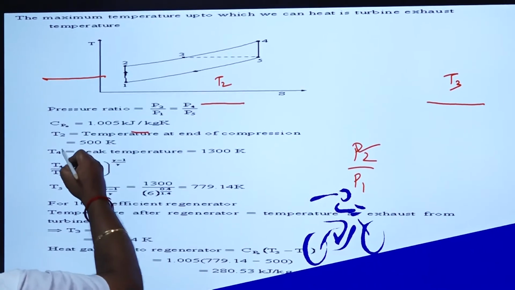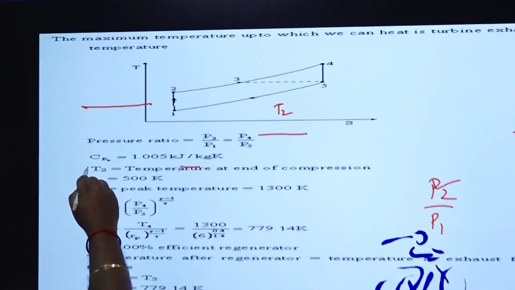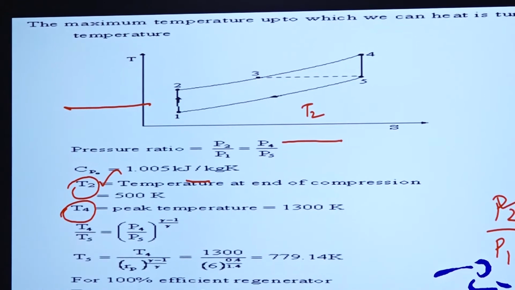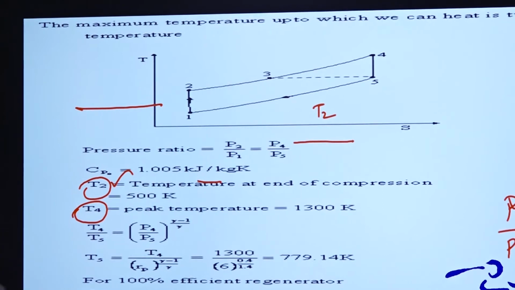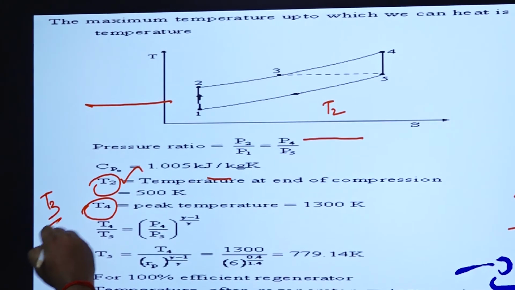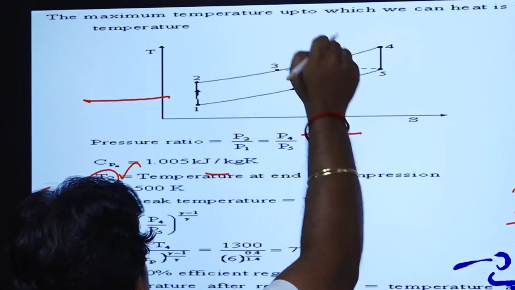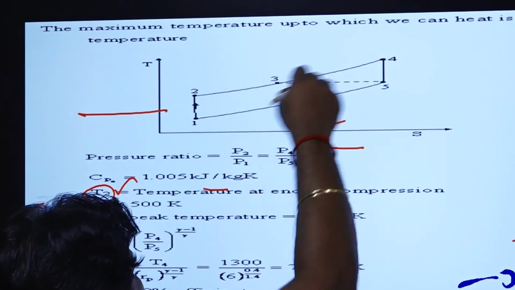So from this diagram, the regenerator is used. As I told you, T2 is given to you, and the peak temperature is T3, right? That is when the regenerator is not used. Now the regenerator is used.